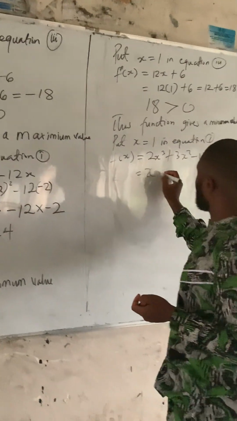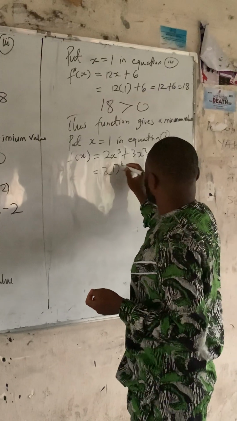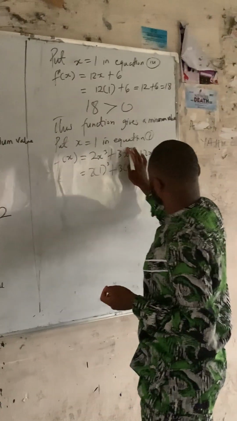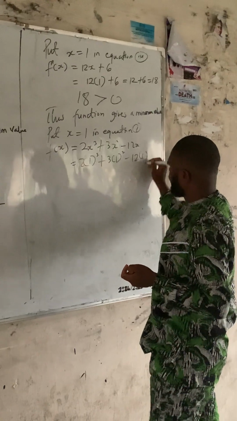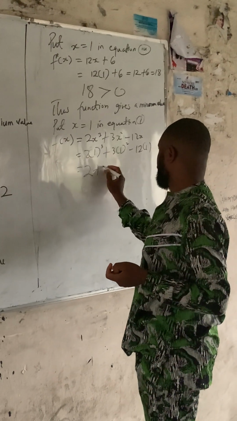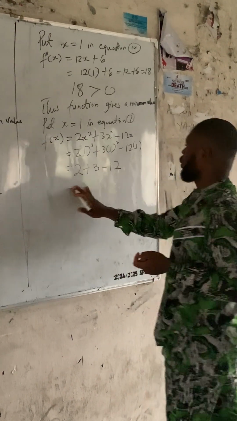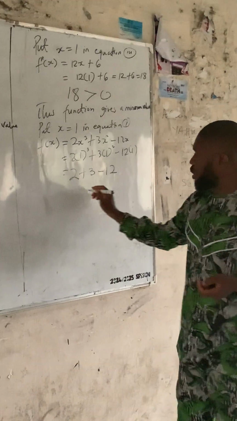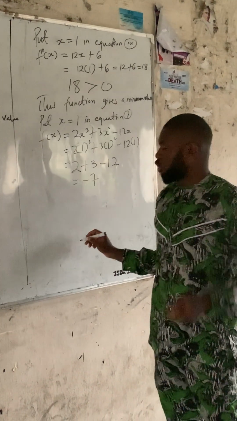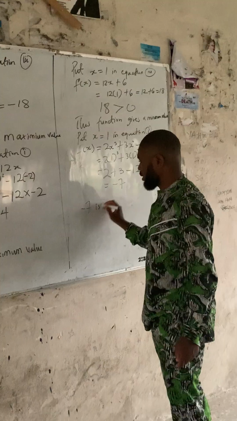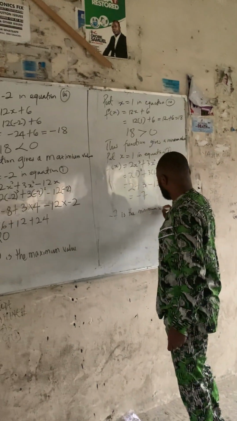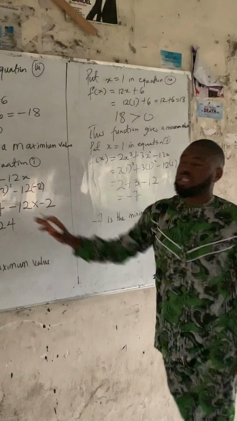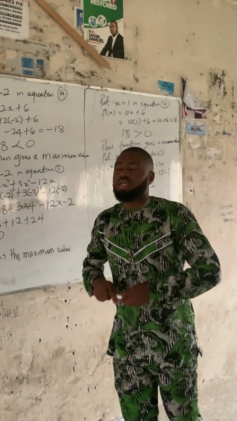So you have 2 times 1 cubed, 3 times 1 squared, and 12 times 1. Here will be 2, here will be 3, and here will be minus 12. So 5 minus 12 gives minus 7. Remember, minus 7 is the minimum value. That is how to get the minimum and the maximum value of any equation.